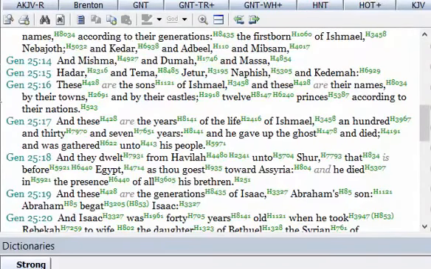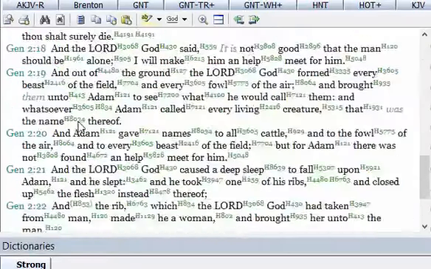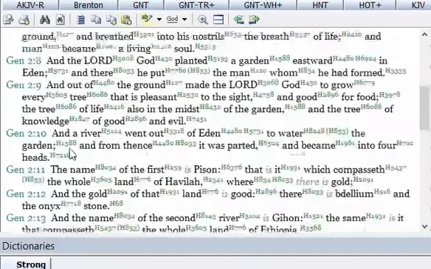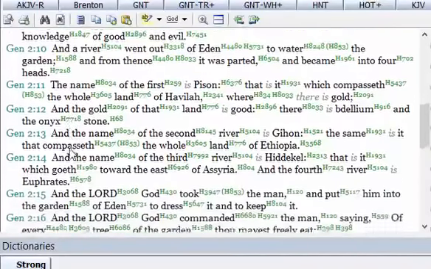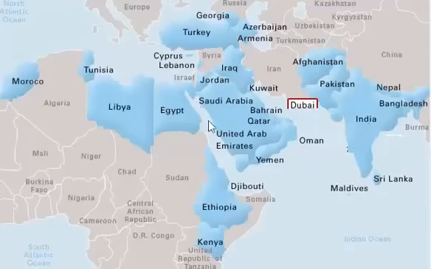Back in the book of Genesis, the 2nd chapter, the 11th verse: The name of the first is Pison, which is the Red Sea. That is it which compasseth the whole land of Havilah, where there is gold. So now, when you look at the map, this is the Red Sea here, and this is where Ishmael's sons dwelt, which is the land of Havilah.